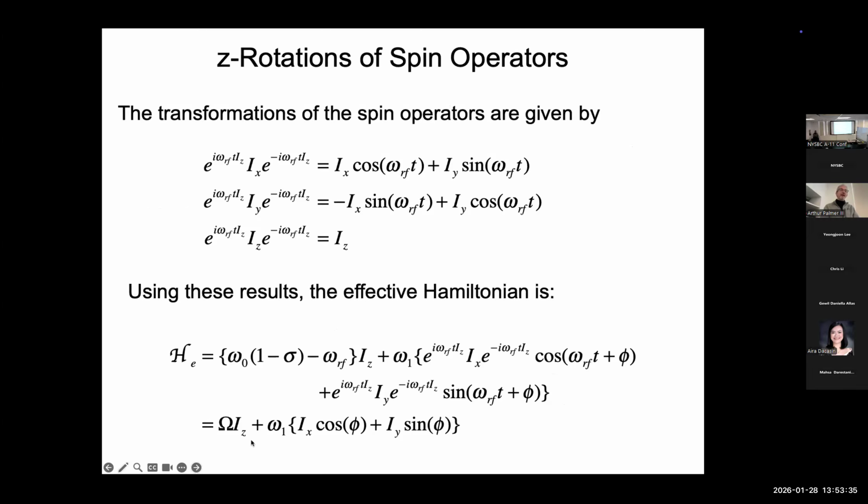We call that omega, or the resonance offset. And if we put the carrier right on top of a peak, on resonance with the peak, omega is going to be 0. But in general, the proton spectrum spans a few kilohertz.